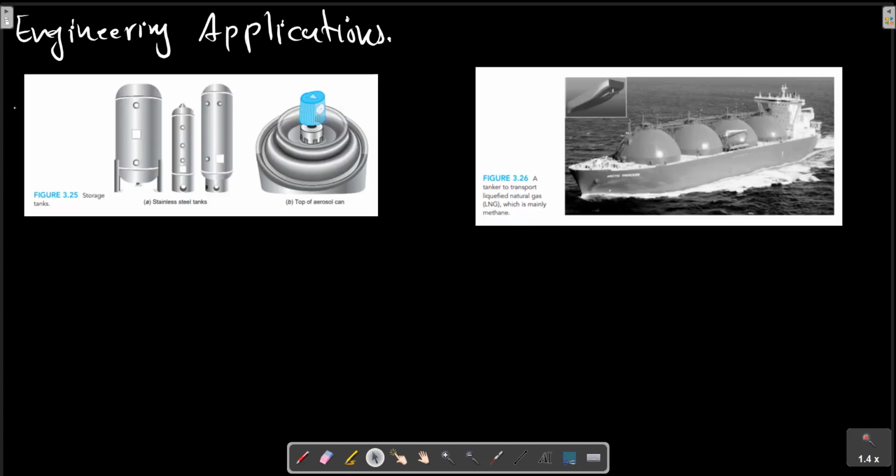The storage tanks, a stainless steel tank, and the top of an aerosol can. These containers are devices for the storage of substances at high pressure, and also an example for the tanker transport of liquefied natural gas as the container.